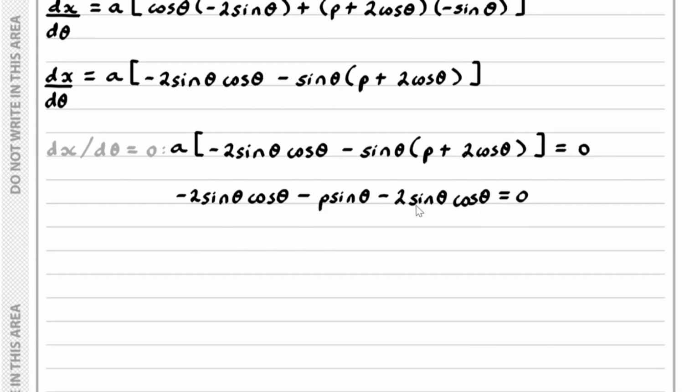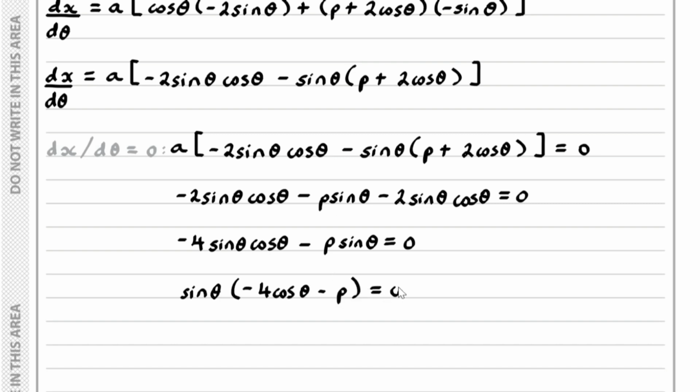So, collecting like terms, we've got minus 4 sin theta cos theta minus p sin theta. This is equal to 0. And if I factorize out a sine, we've got sin theta lots of minus 4 cos theta minus p equals 0.